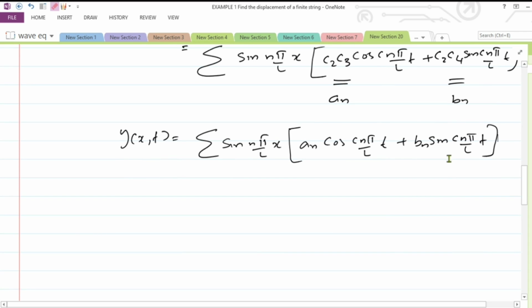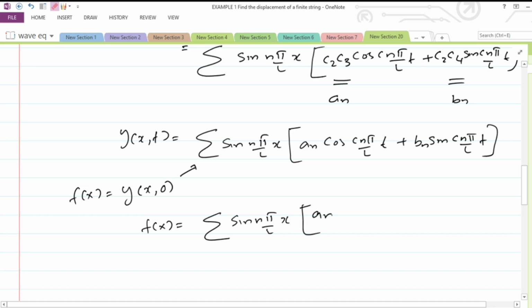So for that we have the initial displacement f of x, that is y of x0 is f of x. So we substitute t equal to 0 in the equation. So f of x is equal to sigma sine n pi by l x into an, since cos 0 becomes 1 and sine 0 becomes 0.